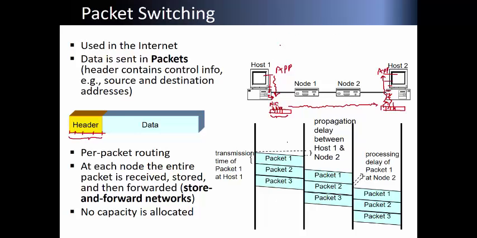in packet switching, as opposed to circuit switching: in circuit switching, once a circuit is established, all the frames go through that same line of circuits. Packet switching, on the other hand, the first packet goes through some route, and packet 2 may go through a different route.